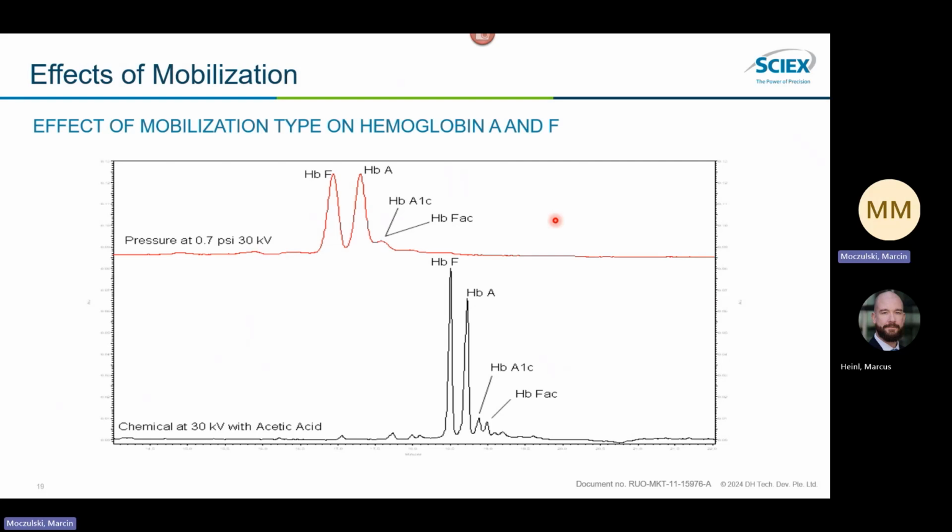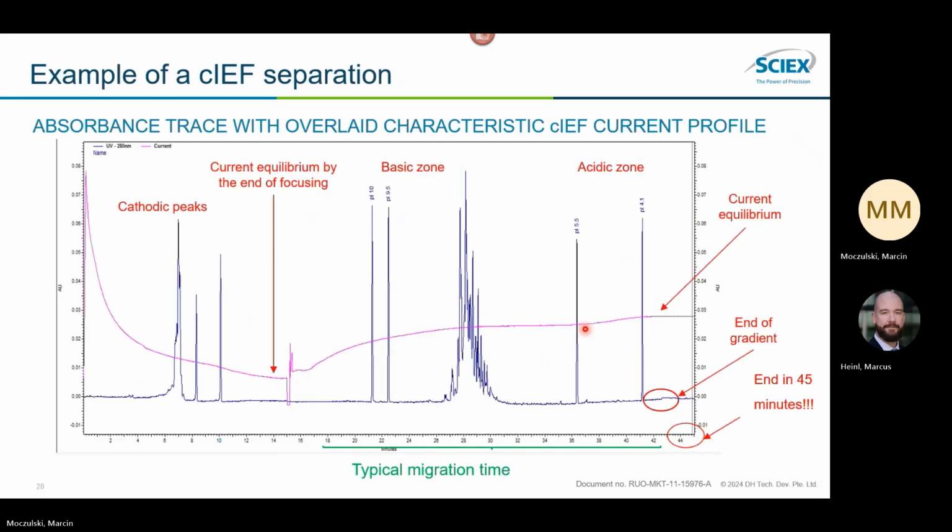This slide shows an example and comparison of two techniques used in the past, based on hemoglobin separations by the capillary isoelectric focusing method. The final effect of separation you can observe on this slide, where you see two different traces. The blue one is absorptivity of separated proteins, and the magenta one is the profile of current obtained during this separation.